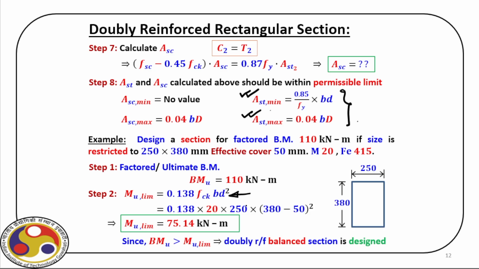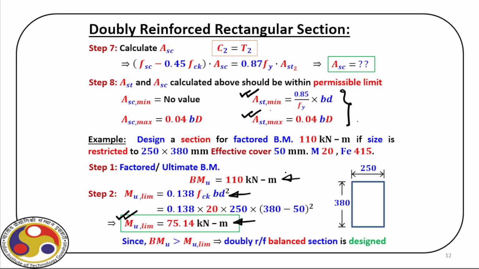So we find Mu limit, which is 75.14 kilonewton meter. Obviously, the applied bending moment is more than this limiting value, and therefore our singly reinforced balanced section is not sufficient to cater to this demand.